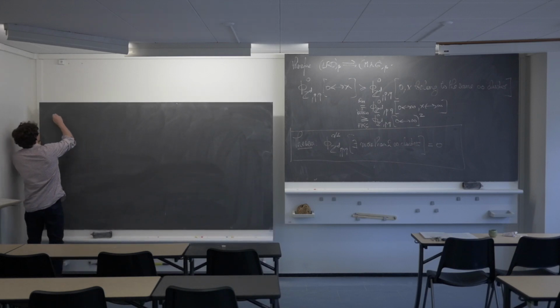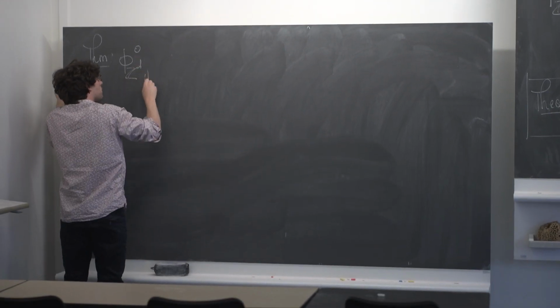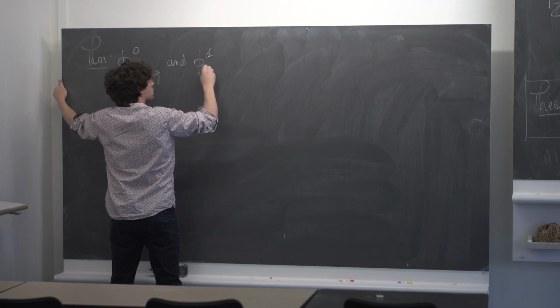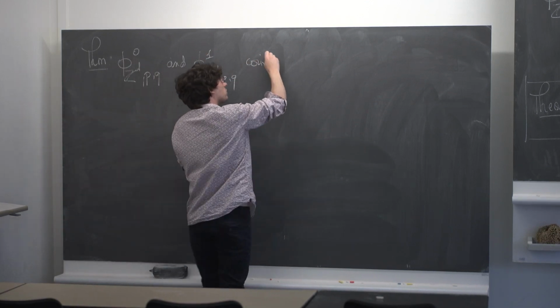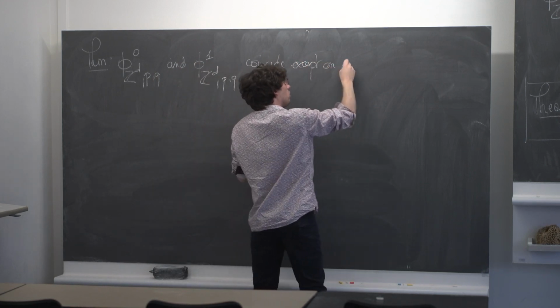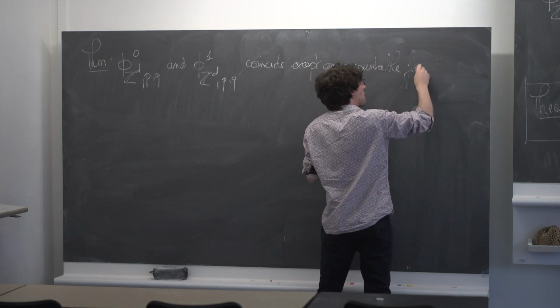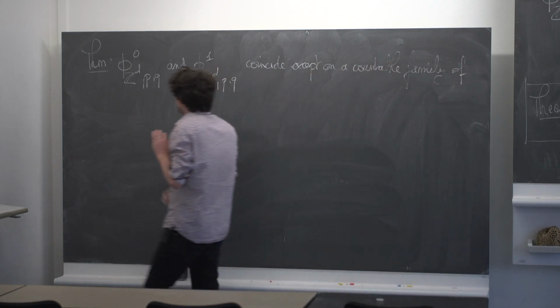So we are going to prove a second theorem, which is that phi 0 ZD PQ and phi 1 ZD PQ coincide except on a countable family of p's.